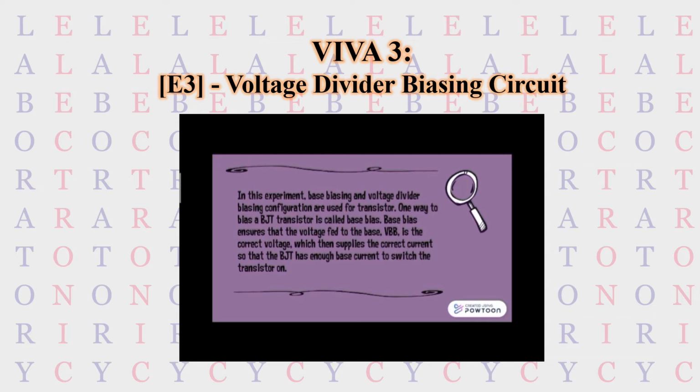One way to bias a BJT transistor is called base bias. Base bias ensures that the voltage fed to the base, VBB, is the correct voltage, which then supplies the correct current so that the BJT has enough base current to switch the transistor on.